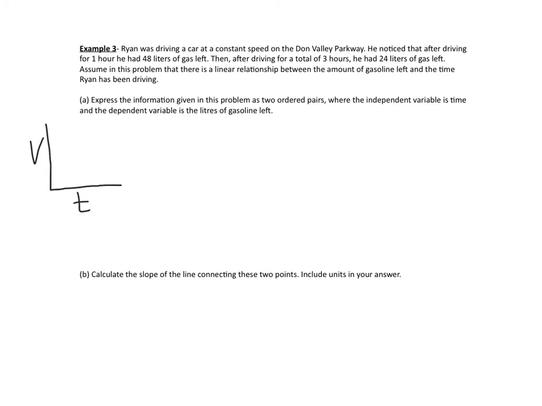So we need to take the information from the problem and translate it into coordinate points. So we've got 1 hour and 48 liters of gas, and then we've got 3 hours and 24 liters of gas. So we're going to write that as coordinate pairs.